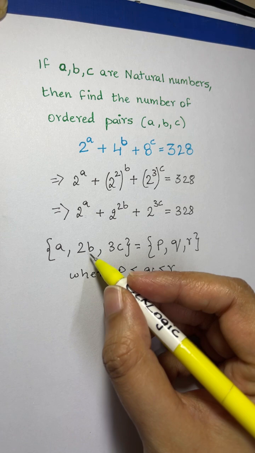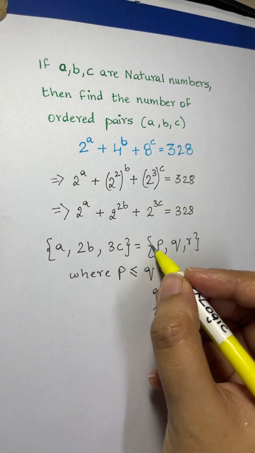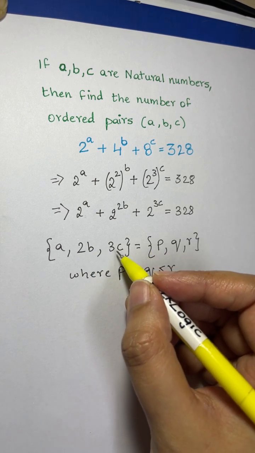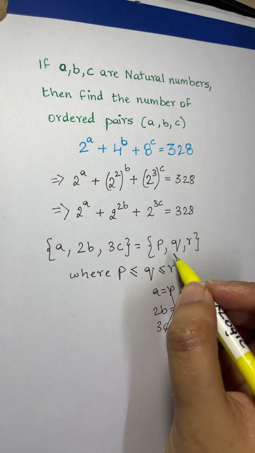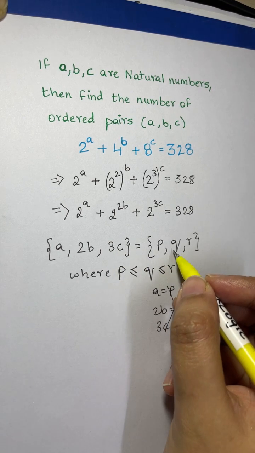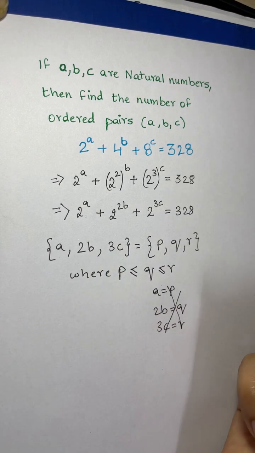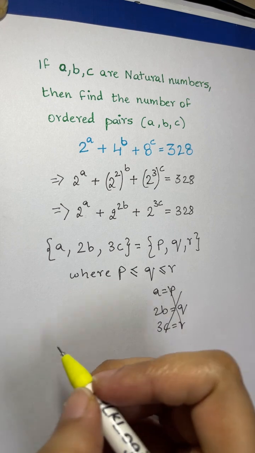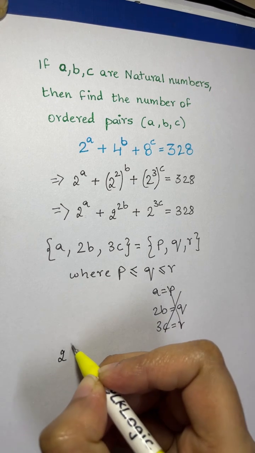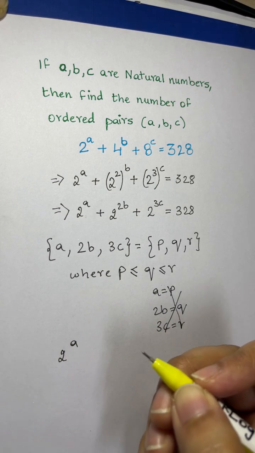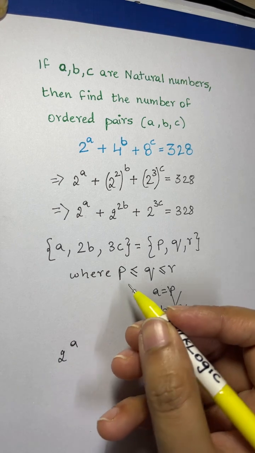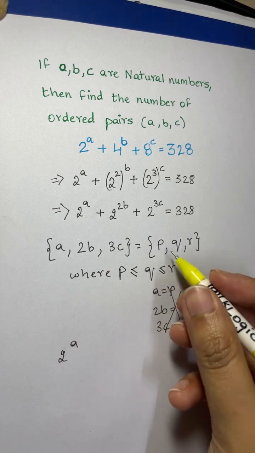If 2b is smallest, then 2b will be p. If 3c is the smallest, then 3c will be p. The middle one is q, and whichever one is the largest will be r. So that's what we are talking about. Any of them, like a, 2b or 3c, can become p.